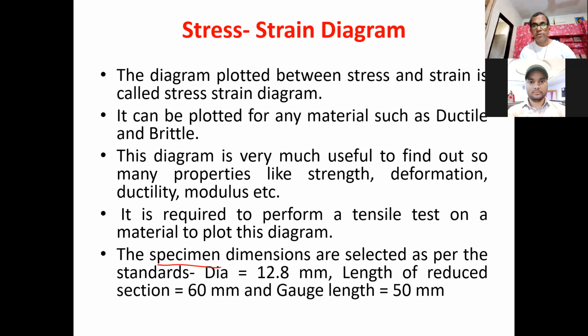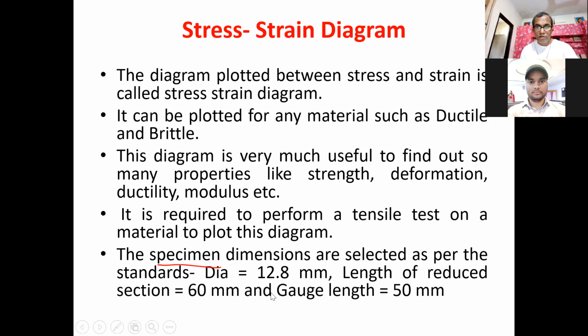There is a society which is universally adopted, okay, to find out the properties or to prepare the specimens and the directions how to perform the test. That society is normally known as ASTM, American Society for Testing Materials.